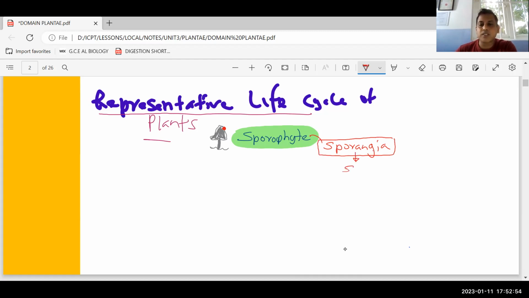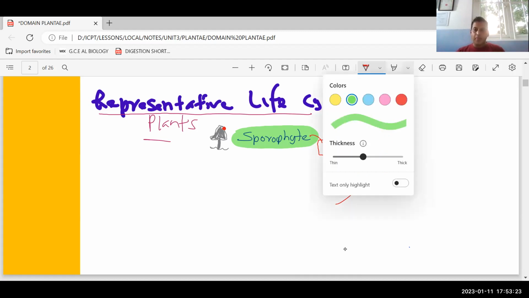It has spores. Now these spores can spread to the outside, and once spores spread to the outside, they develop into the next stage.